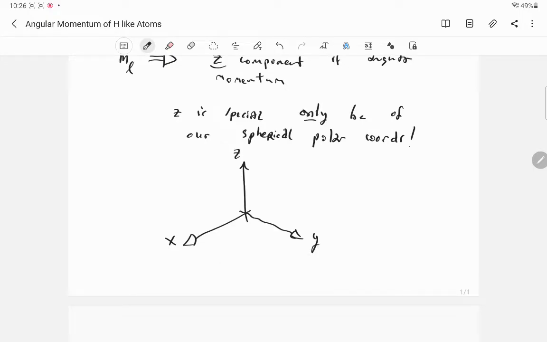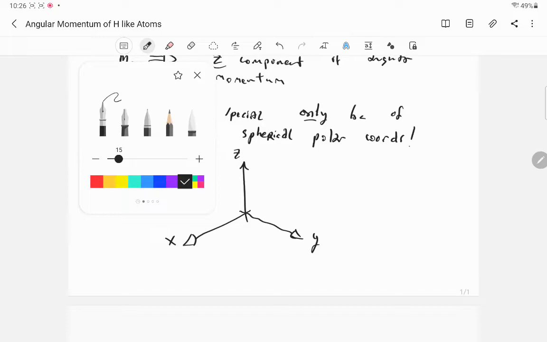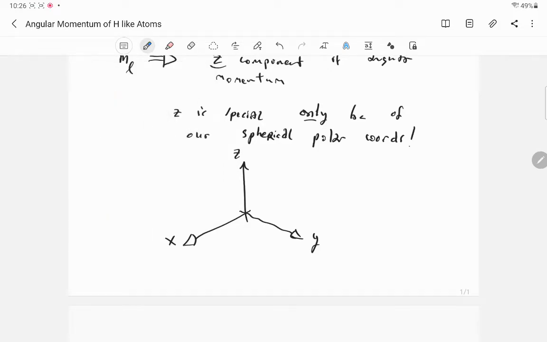The reason the z direction is special is because if I was to draw a vector, so here's some vector, and its projection down in the xy plane, let me say it's projected to here. If you wind around to that direction in the xy plane, we call that the azimuth angle, right?